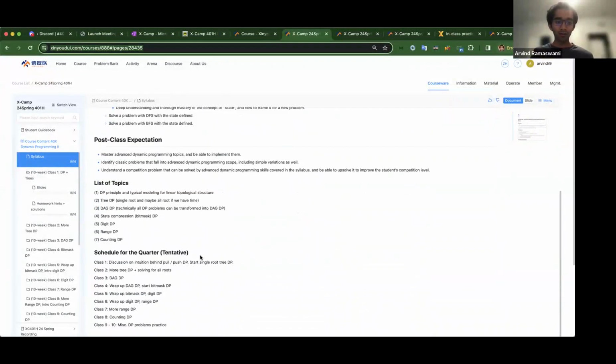Certain things we're going to go over are dynamic programming on trees and dynamic programming on directed acyclic graphs. Technically, many DP problems can be viewed as DAG problems. Then we're going to cover bitmask dynamic programming, dynamic programming on digits, range dynamic programming, and also some counting problems that involve dynamic programming.